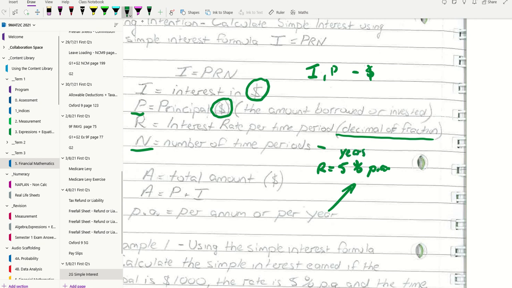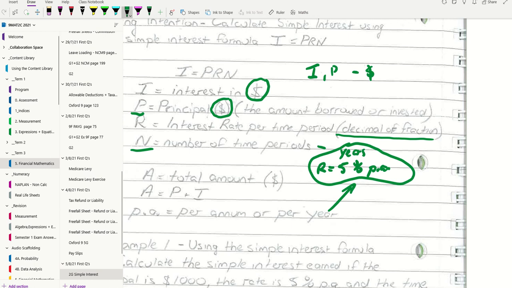Later we might get an interest rate given to us per month, in which case our period would also have to be a month. Both the units for N and the interest rate have to be for the same time period.